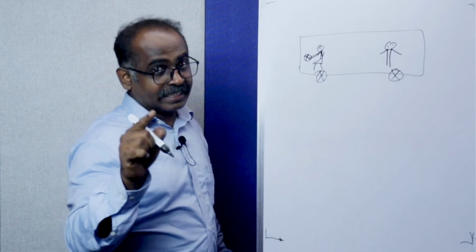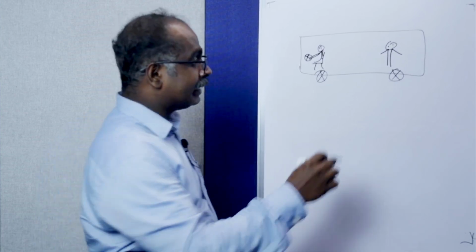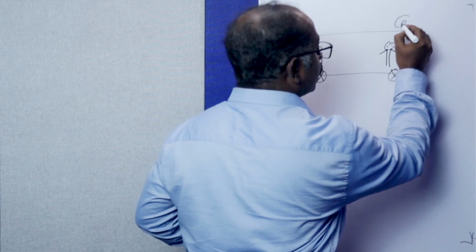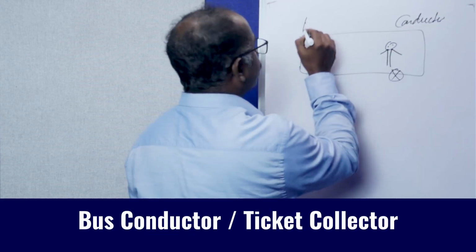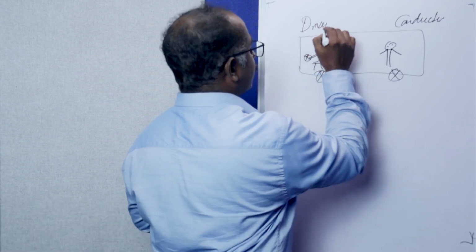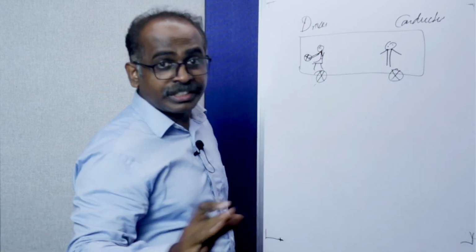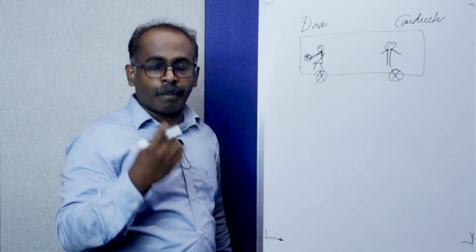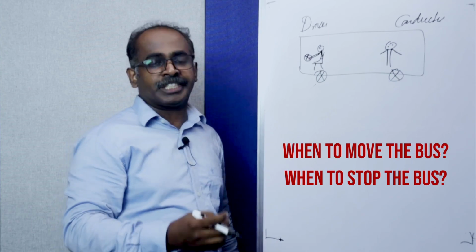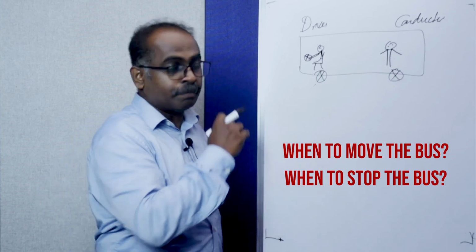And there is communication between the conductor and the driver, right? Both of them are not sitting nearby. Some distance is there, and they need to communicate with each other properly about when to start the bus and when to stop the bus.